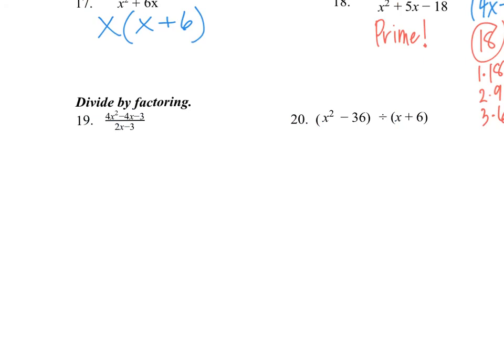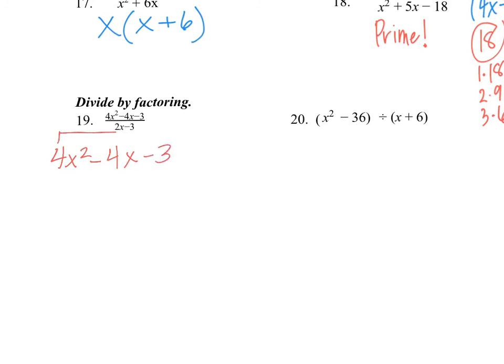Alrighty, we've got 2 more and then we are done. So with number 19, what we're going to do is work with the numerator first. We're going to factor the numerator and then we will divide. Okay, so we can't factor out a greatest common factor in the numerator. So the first thing that we're going to do is rewrite it, and then we're going to use the AC method.